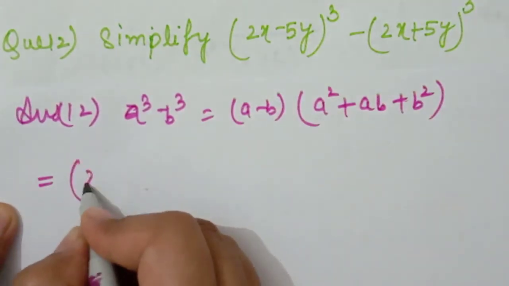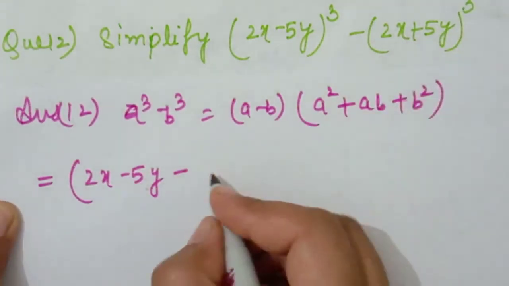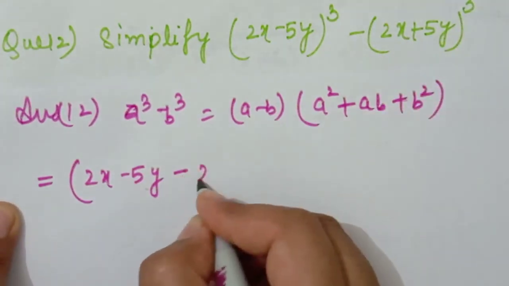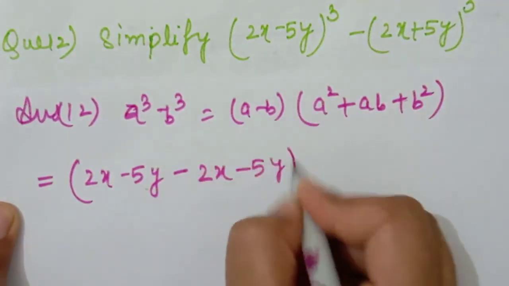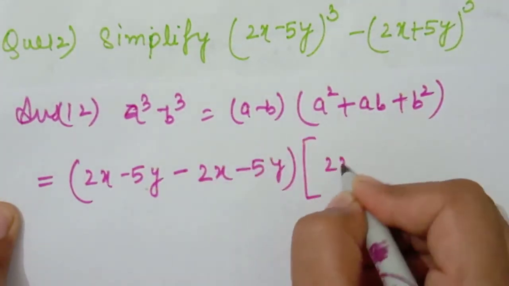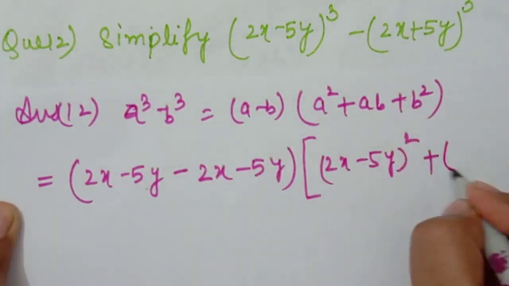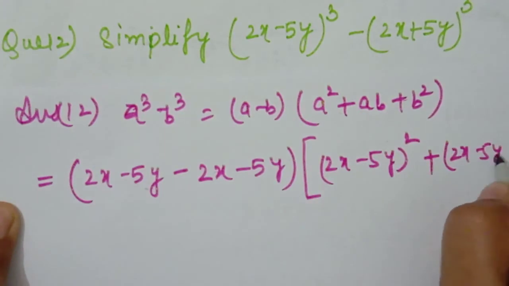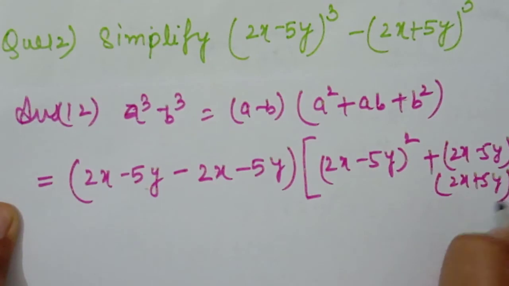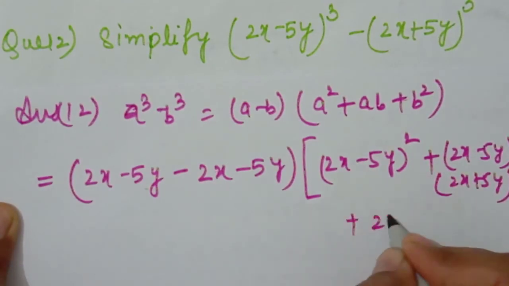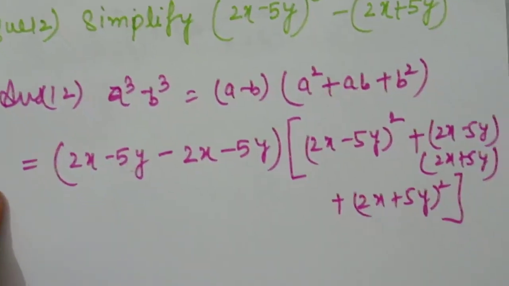For a minus b, the sign will be changed because of the minus. So it is minus 2x minus 5y, and then the second factor is (2x minus 5y) square plus ab, which is (2x minus 5y) times (2x plus 5y), plus b square, which is (2x plus 5y) whole square. Now we will solve this.